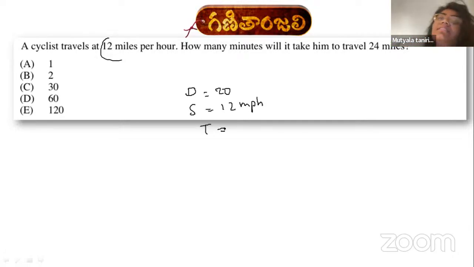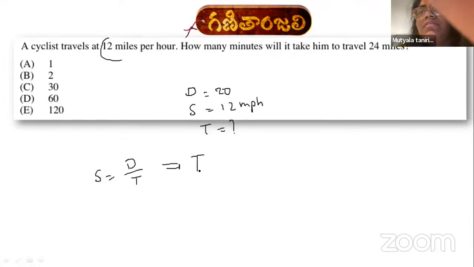The relation between them: speed is equal to distance by time. Sir, they're asking for 24 miles. Yeah, so it's like the unit method.